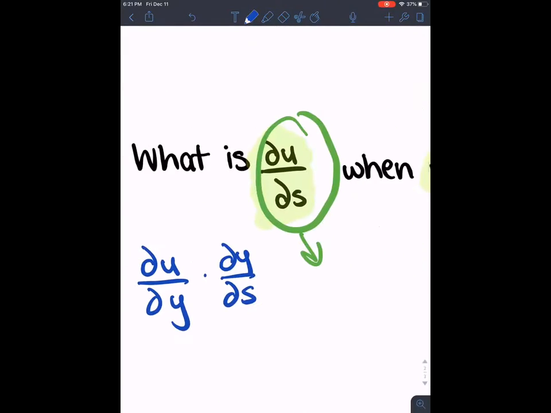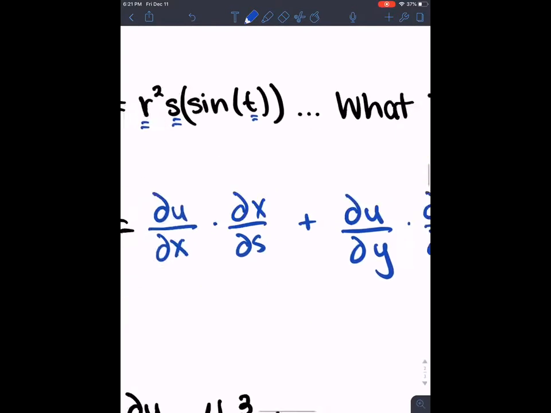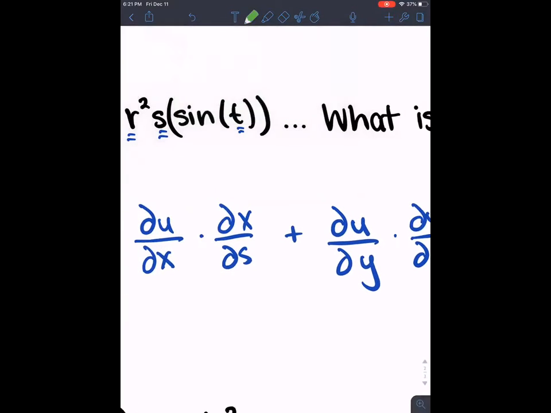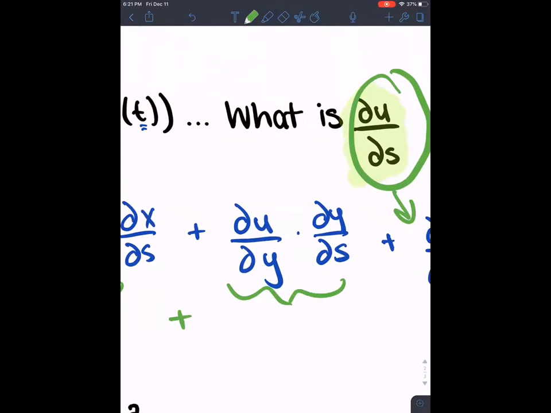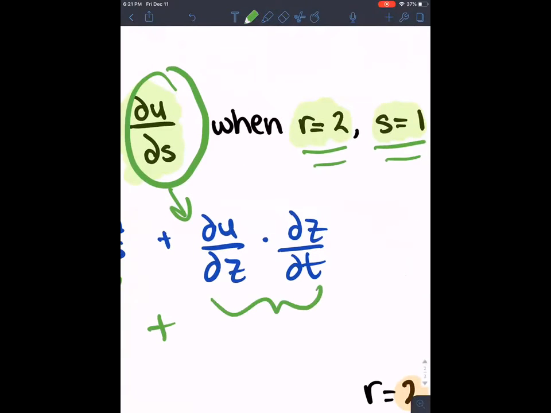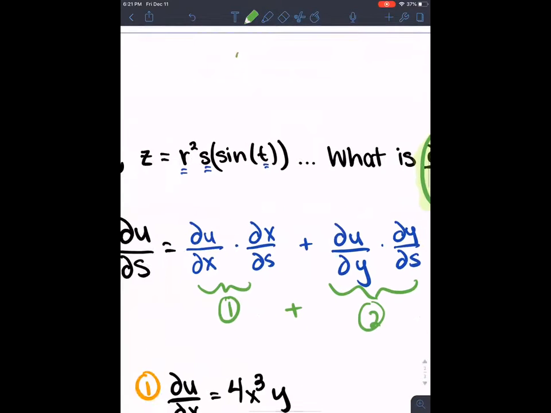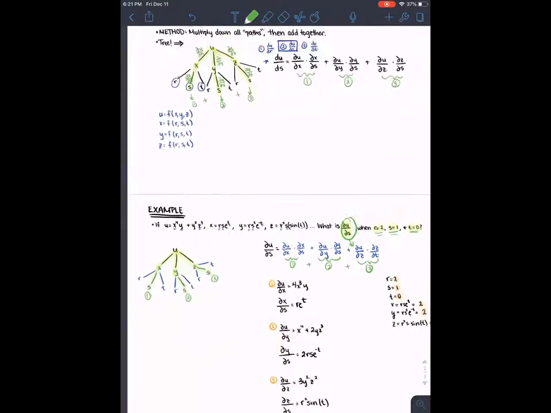And the last part is this. And again, this is leg 1 added to leg 2 added to leg 3. And again, take a look at the tree, see if you can calculate each of these on your own. We've kind of walked through them already, so I figure we're good to go on that.